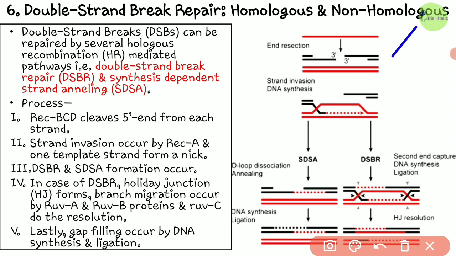Then strand invasion occurs by RecA, and one template strand forms a nick, right? Then DSBR and SDSA form. Then in case of DSBR, Holliday junction formation occurs and branch migration occurs by RuvA and RuvB proteins. Then RuvC does the resolution and at last gap filling occurs by DNA polymerase and ligase enzymes. Clear?